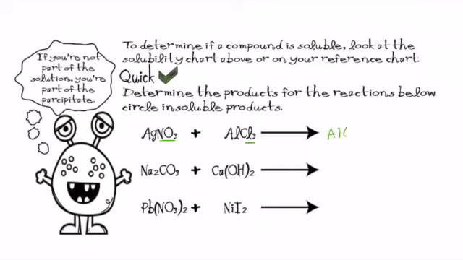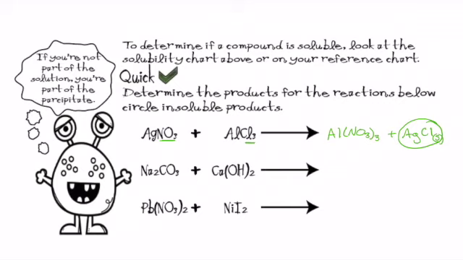So aluminum would now be with NO3, and silver would be with chlorine. So if we look at the solubility chart, we see that most chlorides are soluble, but silver chloride is an exception. So it would be a solid.